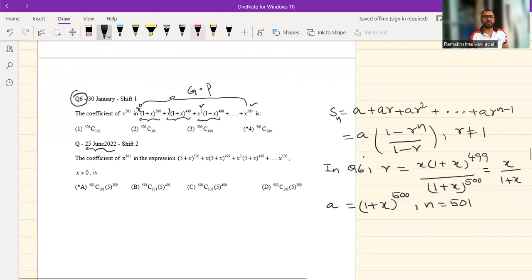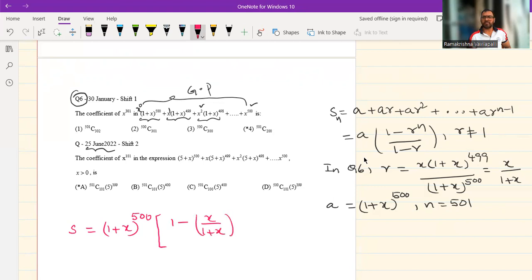Now the task becomes very simple. So the given expansion S equals, using this concept, A into (1 minus r power n) by (1 minus r). A is nothing but (1 plus x) whole to the power of 500, into (1 minus (x by 1 plus x) power 501) whole by (1 minus x by 1 plus x).